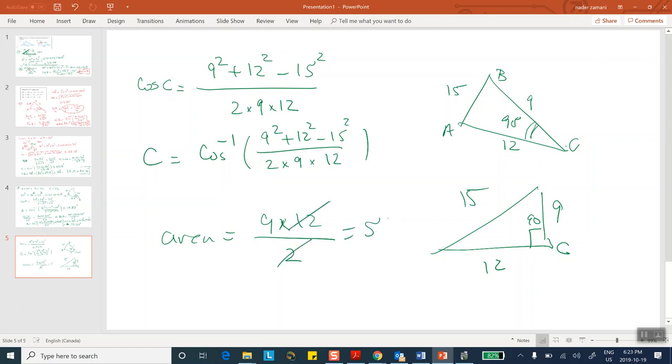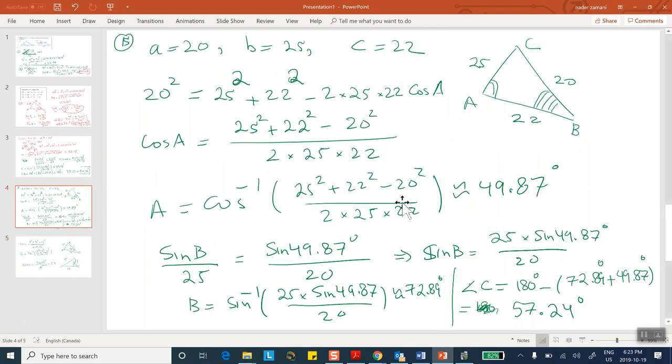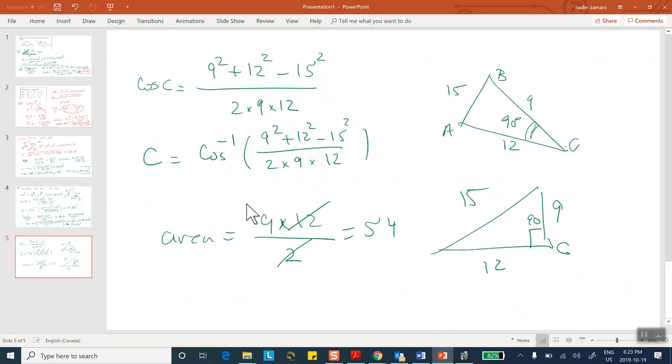Notice that I got the same answer, which I erased a minute ago. We got the same answer as using that formula. However, the law of cosine allows you to find an angle. In general, if this angle was not 90 degrees, then you can find the altitude and then multiply it by the base divided by 2. It's up to you whether you want to memorize it or use this formula.